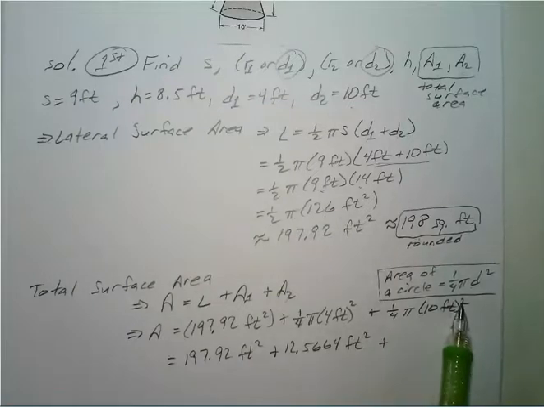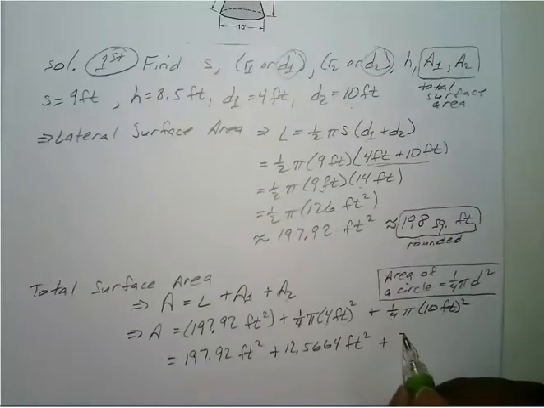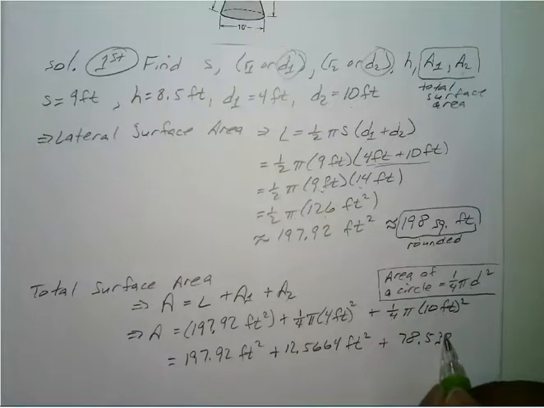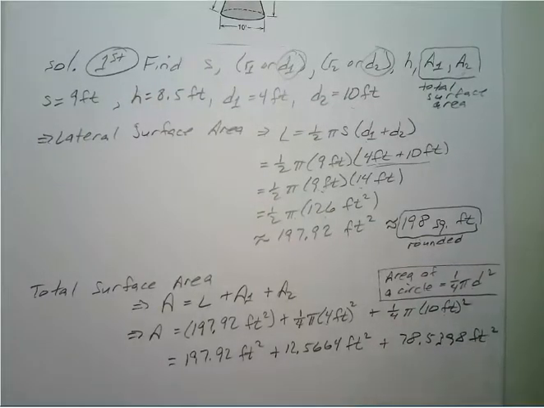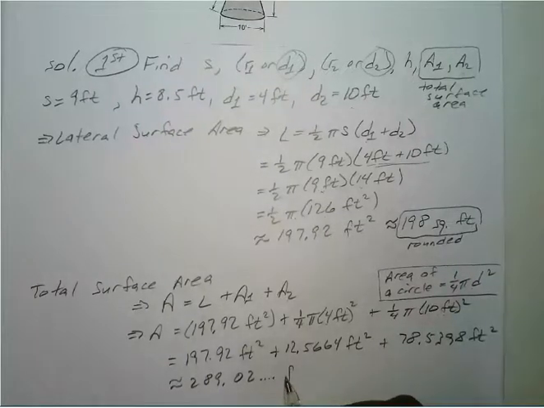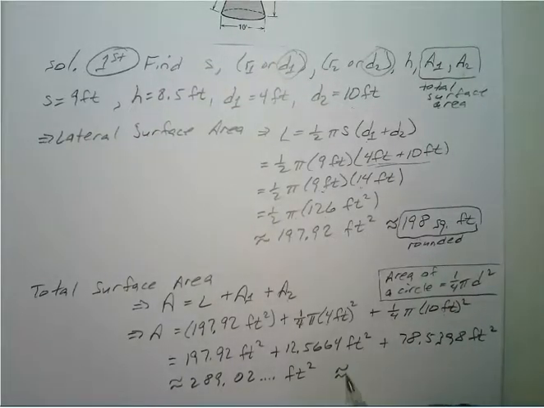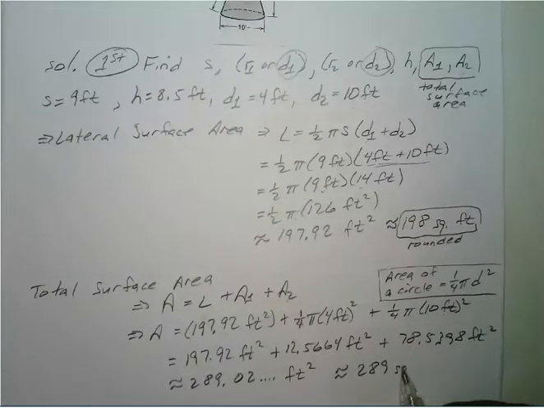Plus, if you get 10 feet squared, 10 times 10 is 100. 100 divided by 4 is 25. 25 times pi is about 78.5398 square feet. So if you add all these together, you get about 289.02, and it keeps on going, square feet. But since we want to round it to the nearest whole number, it rounds to about 289 square feet.